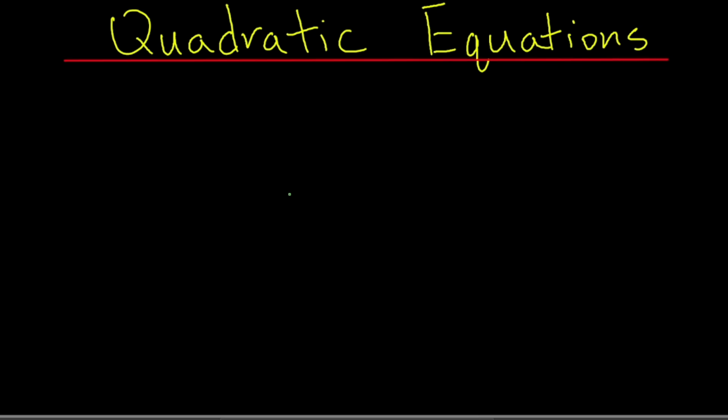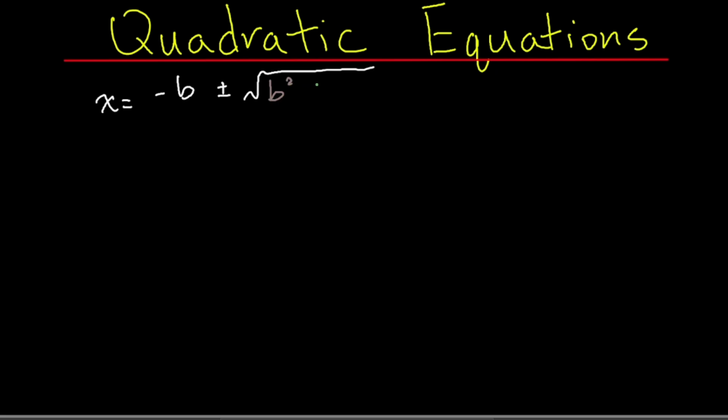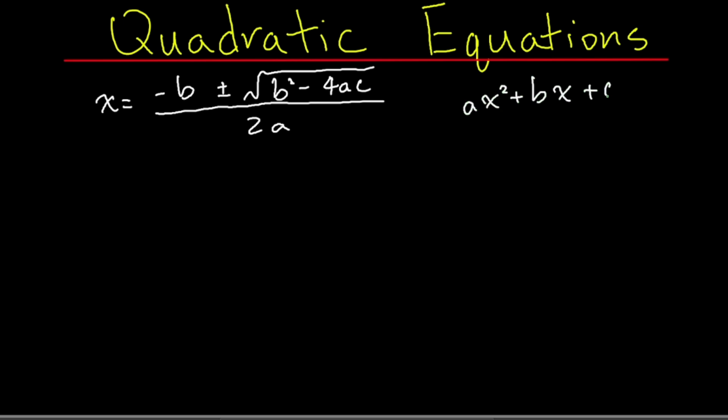Okay, now let's take a deeper look into the quadratic formula. So the quadratic formula states that x = (−b ± √(b² − 4ac))/2a. Now remember, 2a being in the denominator is not a problem if we look at the standard form of a quadratic equation.